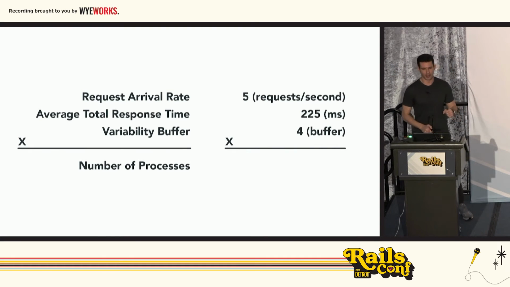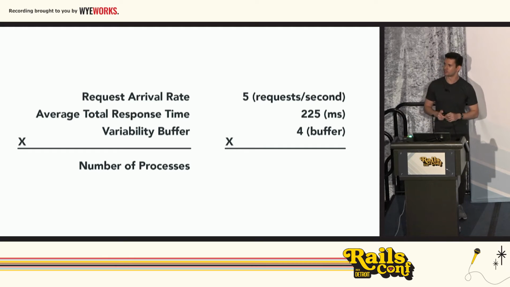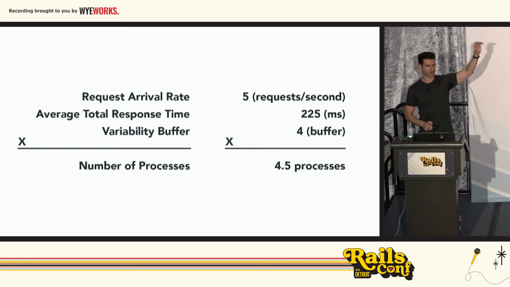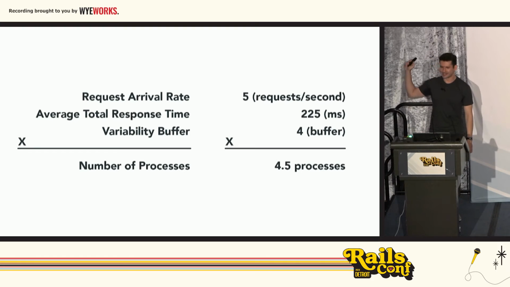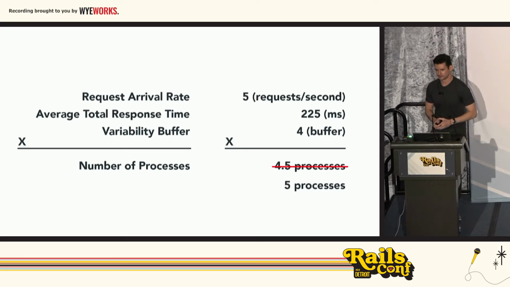Now running our formula one more time with our multiplier taken into account, we'd find that with a request arrival rate of 5 requests per second and an average response time of 225 milliseconds, 5 requests per second multiplied by 225 milliseconds multiplied by 4 would land us at 4.5 processes, which, rounding up, because we don't want to risk falling behind, lands us at 5 processes to confidently manage our traffic pattern.